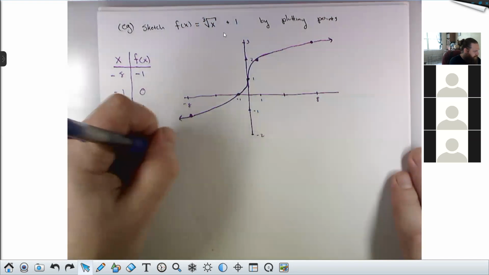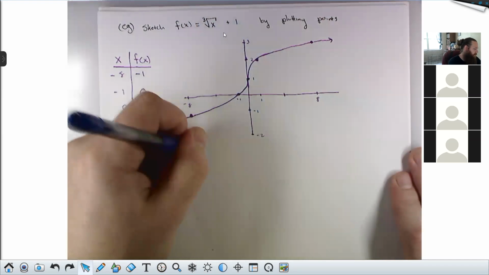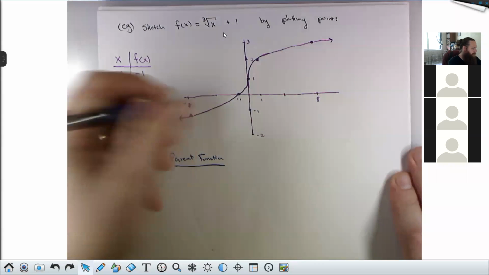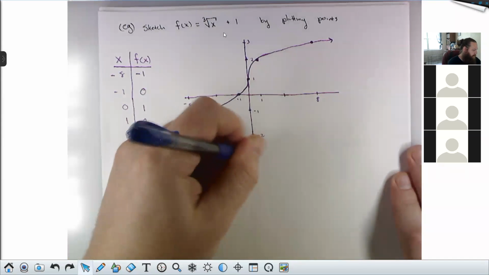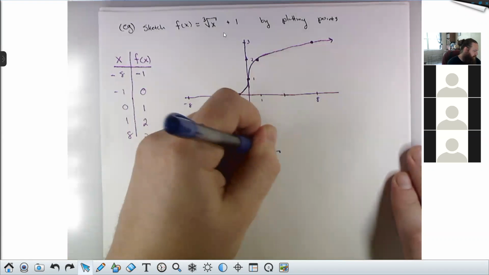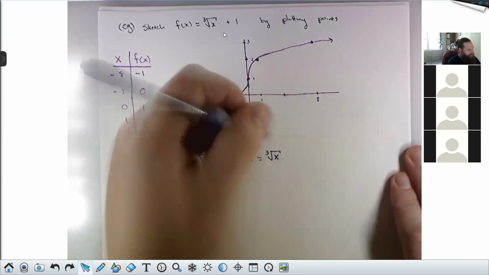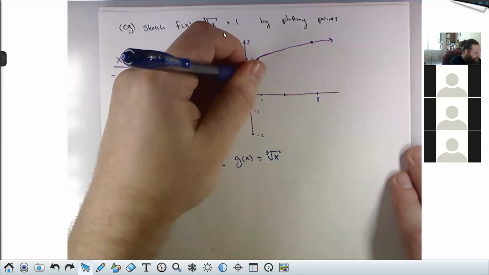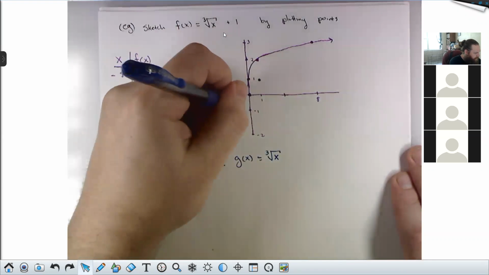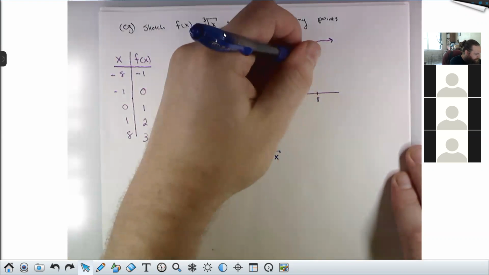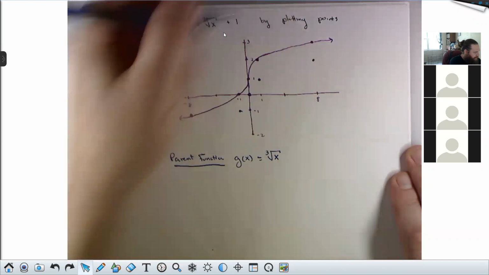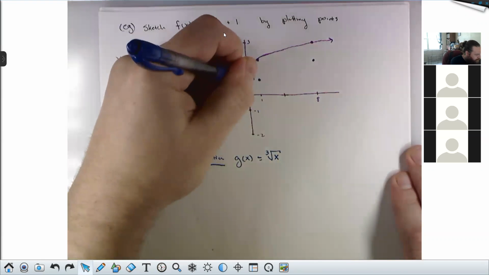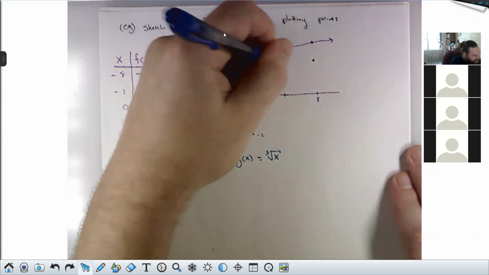So the parent function, we could say it either way, x to the power of 1/3 or the cube root of x. I'll write it as the cube root because that kind of helps us compare with the guy above. And what does he look like? Well, he goes through 0, 0, 1, 1, -1, -1, 8, 2, and -8, -2. Let me dash him.